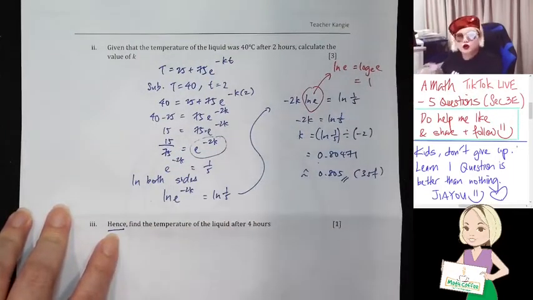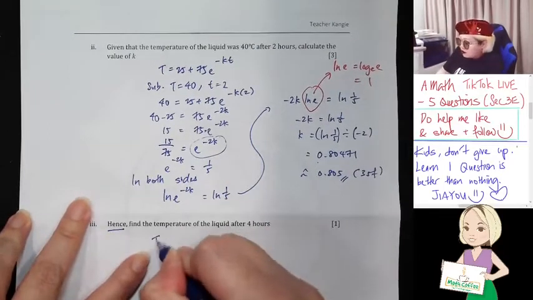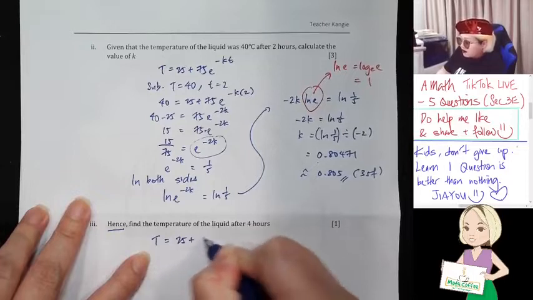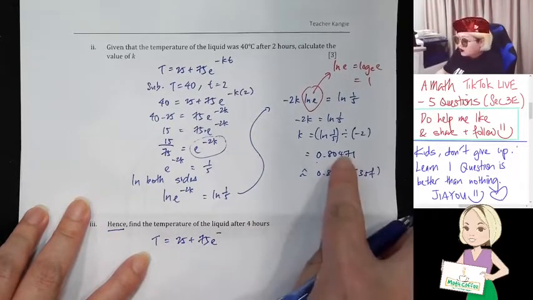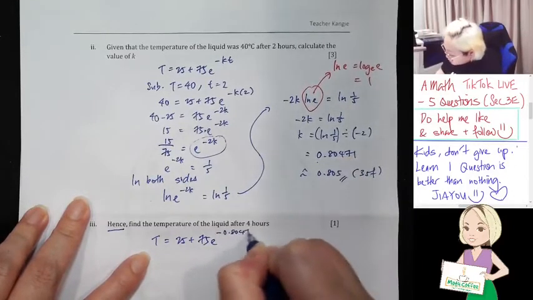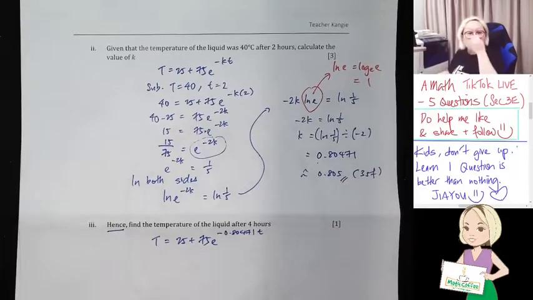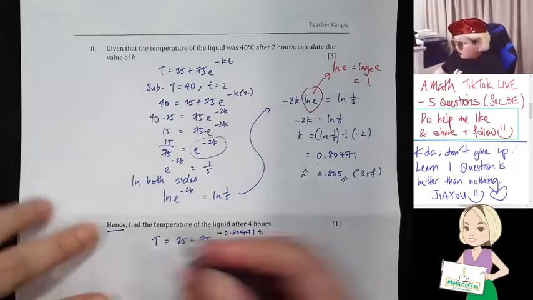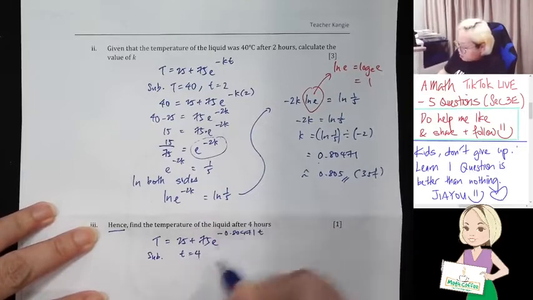So now they ask you to find the temperature after 4 hours. So I'm going to write my full formula now. T equals 25 plus 75e^(-kt). Because my k I already found, sub it in. So 0.80471 t. And now 4 hours, right? So I'm going to sub in t equals 4.